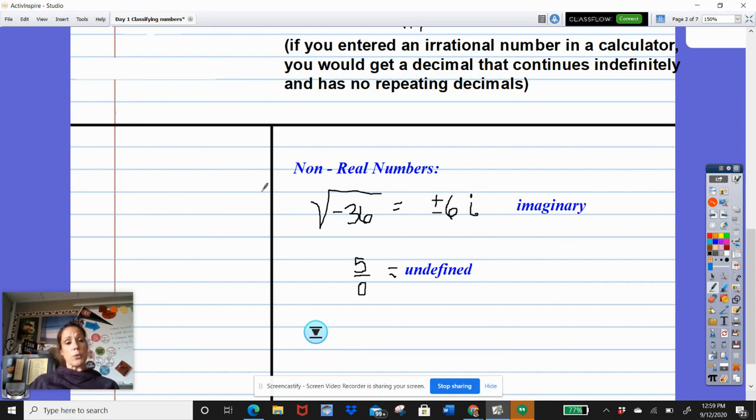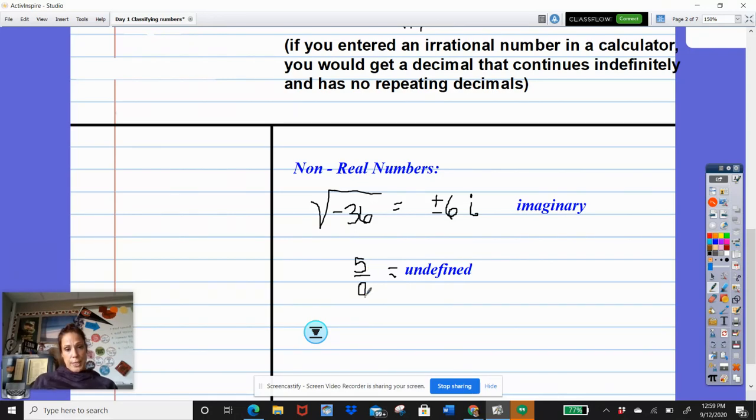You know that the square root of negative 36 will give you an error message on your calculator. The square root of negative 36 really is plus or minus 6i, and that i stands for imaginary, which means it doesn't exist. So that's why it's a non-real number.